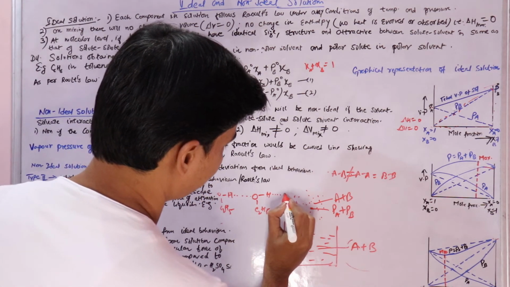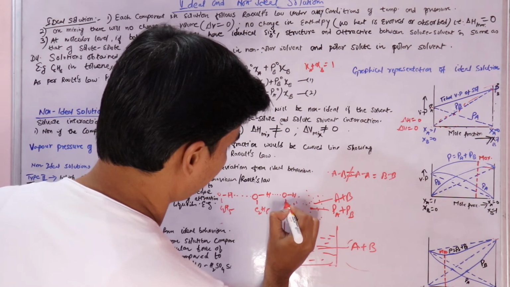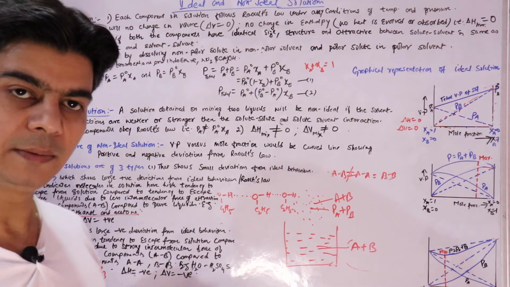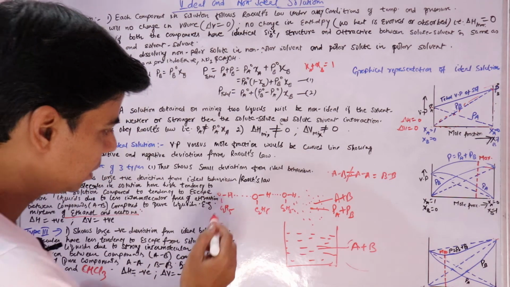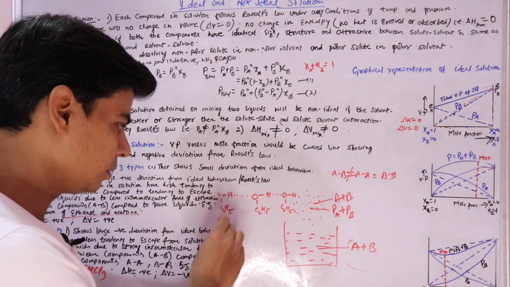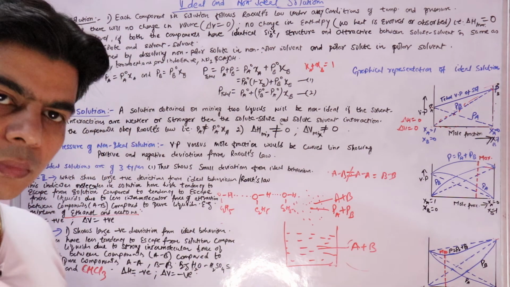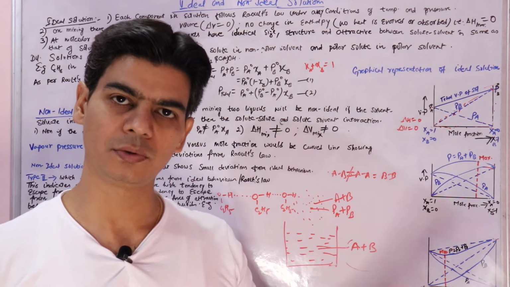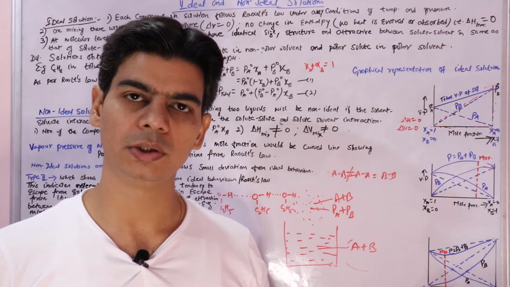In pure ethanol, we know that ethanol consists of an electronegative oxygen atom, which can form a hydrogen bond with the hydrogen of another ethanol molecule.